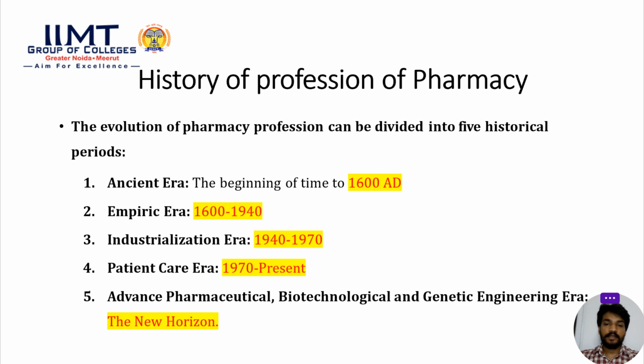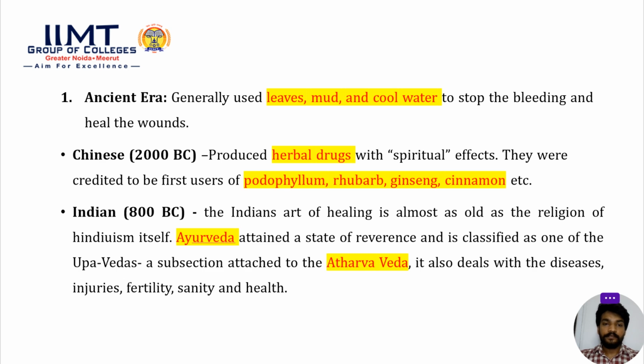Third is industrialization era from 1940 to 1970. Fourth is patient care era, 1970 to present. And fifth is advanced pharmaceutical, biotechnological, and genetic engineering era. It is particularly the research which is now going on, and the called the New Horizon.